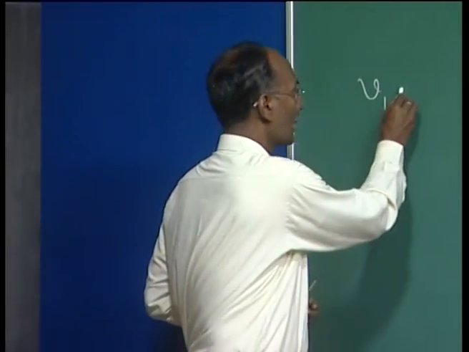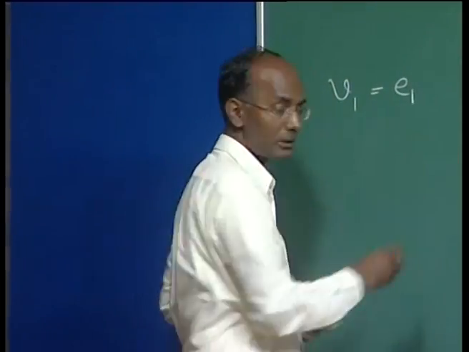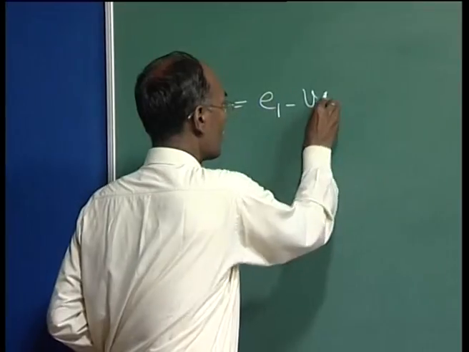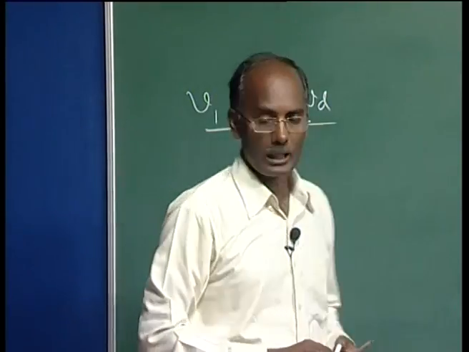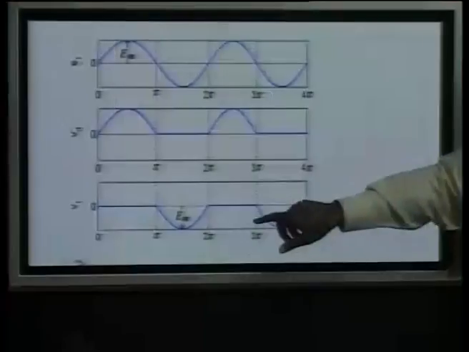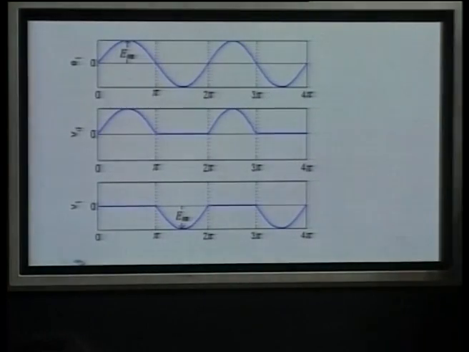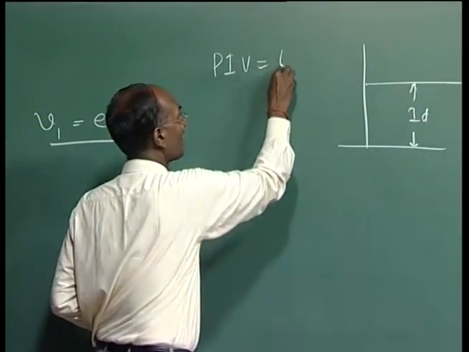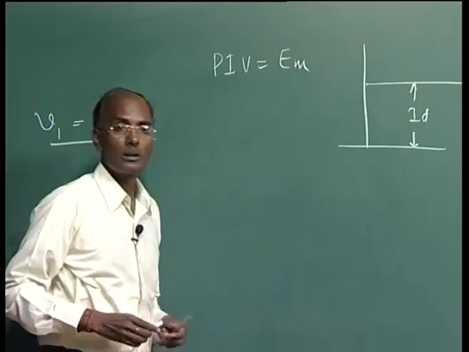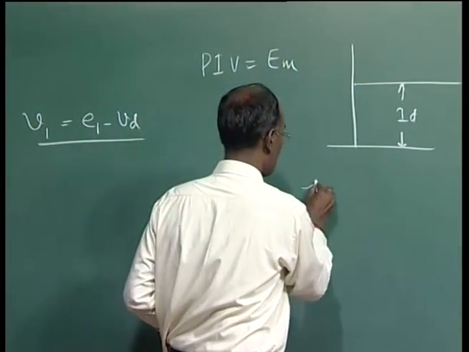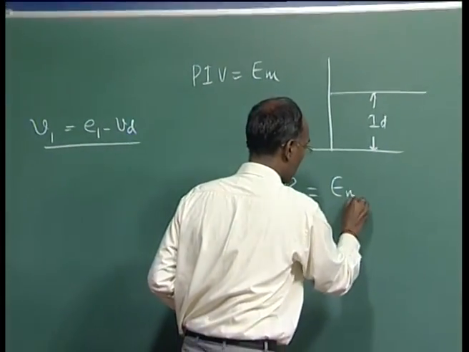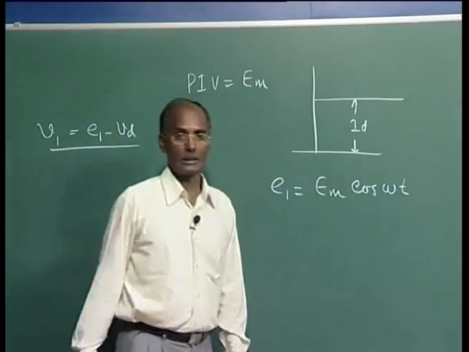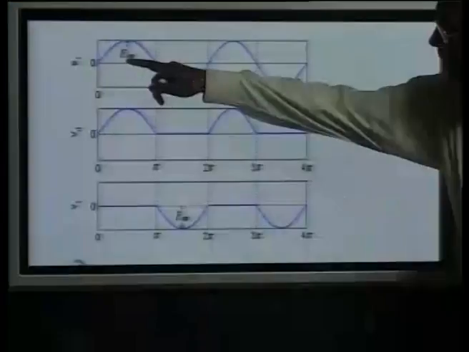This is nothing but E1, which is just the applied voltage, minus the instantaneous voltage Vd. So, this is the valve voltage, and the peak value of it is known as the peak inverse voltage, which in this case will be nothing but Em. If the supplied secondary side voltage E1 is Em cos omega t, or you can take sin omega t, in this representation I have taken sin omega t.